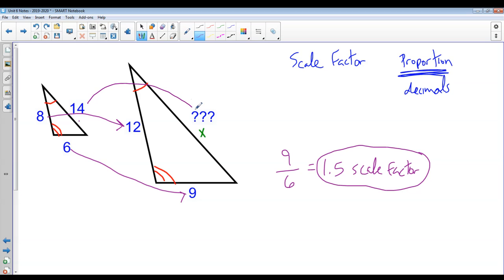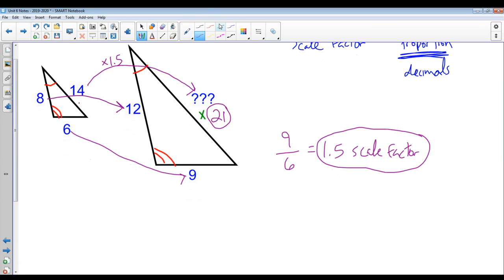And now to find my missing side, I can apply that same scale factor. So I can take what I have, multiply it by 1.5, and that would give me a missing side of 21. And that is the correct answer. So the scale factor method is really helpful when we have a nice, easy number to work with.